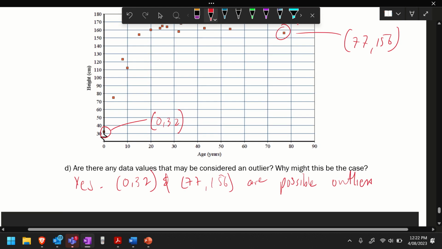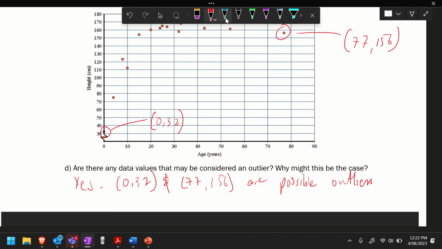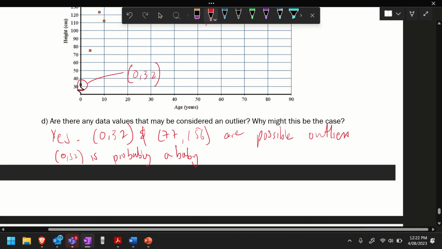So the 0, 32, you could say that it's probably a what, Elliot? It's probably a baby. So you'd write 0, 32, probably a baby. And then what would 77, 156 be? An elderly person.